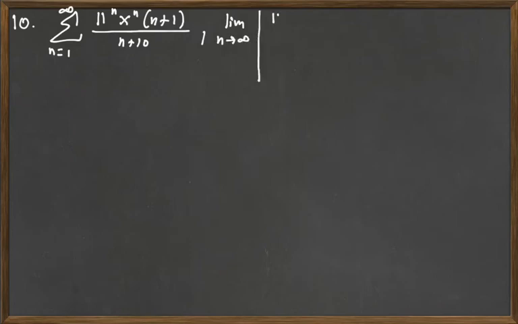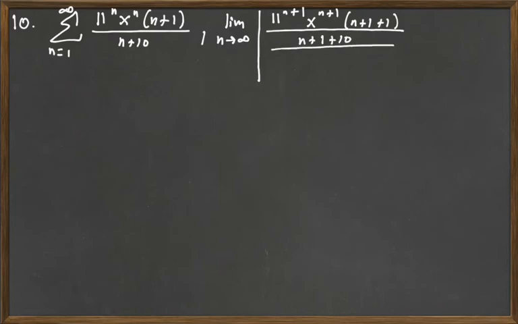Let's look at the sum from n equals 1 to infinity of 11 to the n, x to the n, times n plus 1 over n plus 10, and we're going to apply the ratio test. So the limit as n goes to infinity of the absolute value of 11 to the n plus 1, x to the n plus 1, times n plus 2 over n plus 11, divided by 11 to the n, x to the n, times n plus 1 over n plus 10.